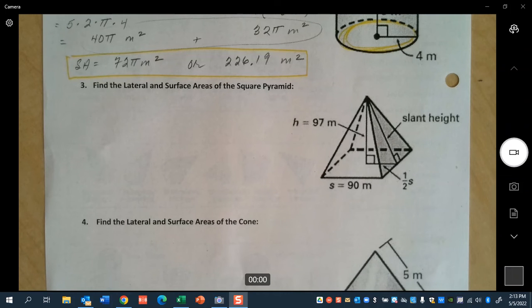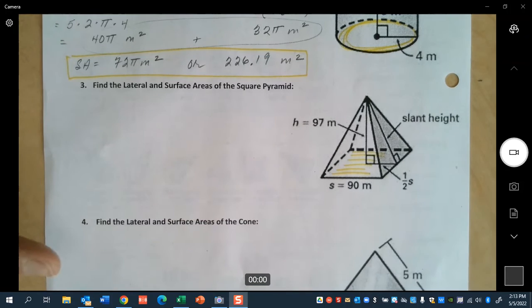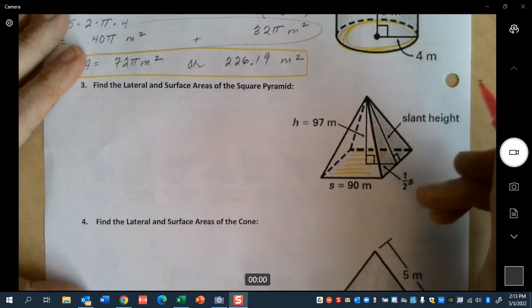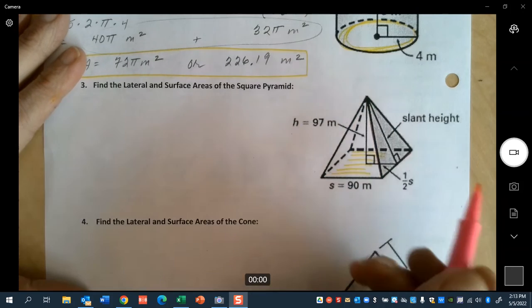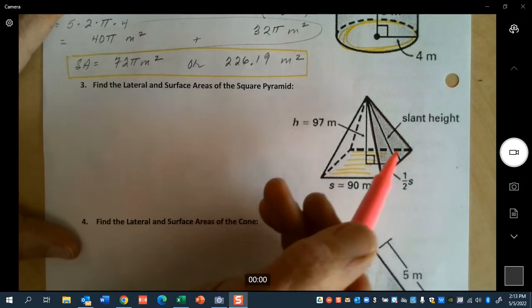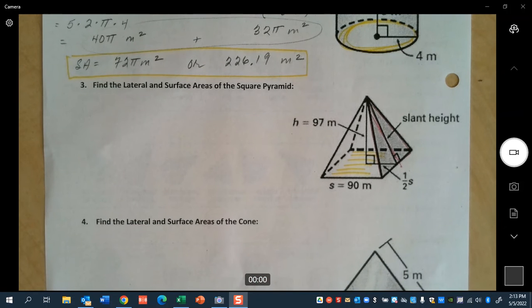When we talk about our lateral and surface areas of the square pyramid, we only have one base. So this one base. And instead, our faces are triangles, and those triangular faces introduce a new term for us, which is this slant height. So what I need to do to find the area of this triangular face is to figure out what this height is here.